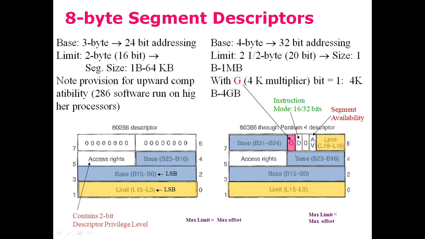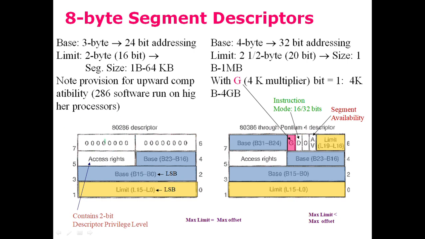So if the granularity bit is used, a segment of 4 kilobyte till 4 gigabyte can be defined, and if the granularity bit is 0, then a segment of 1 byte till 1 megabyte can be defined in the 80386 through Pentium 4 microprocessors.